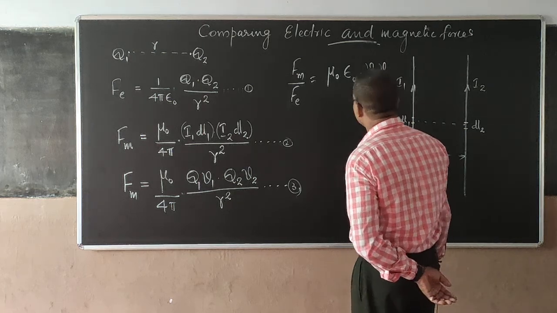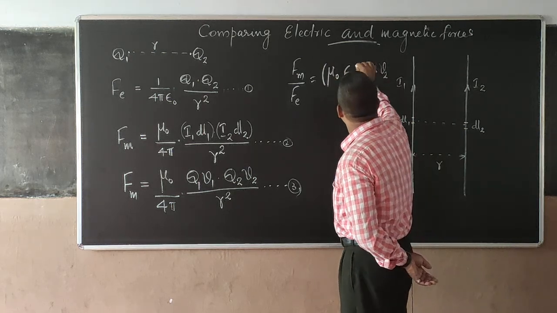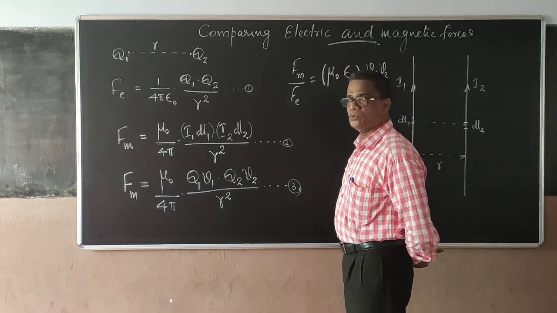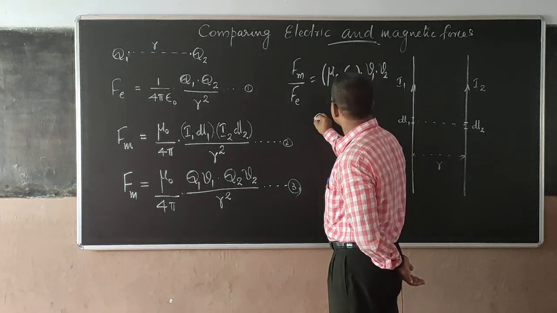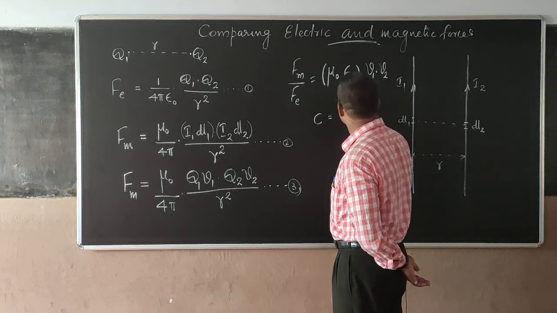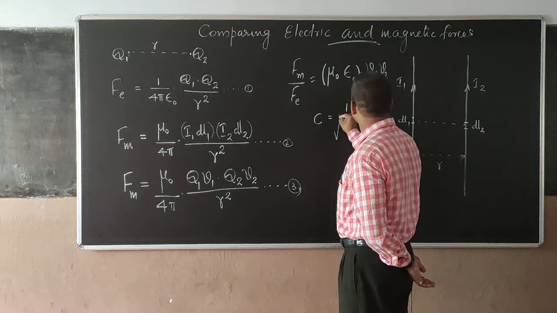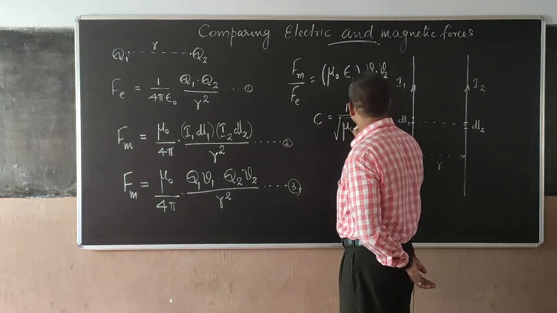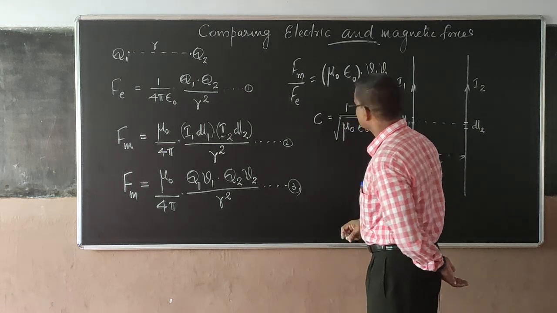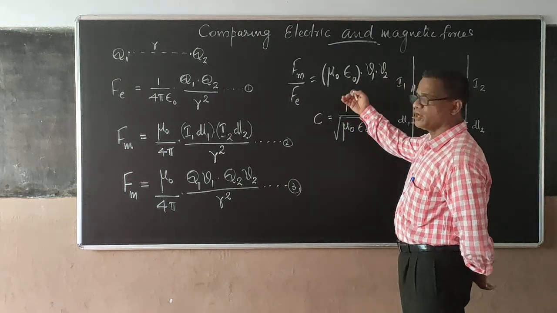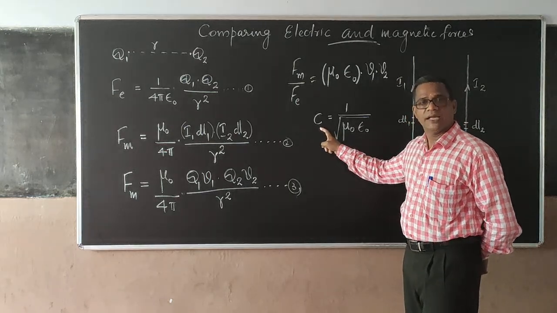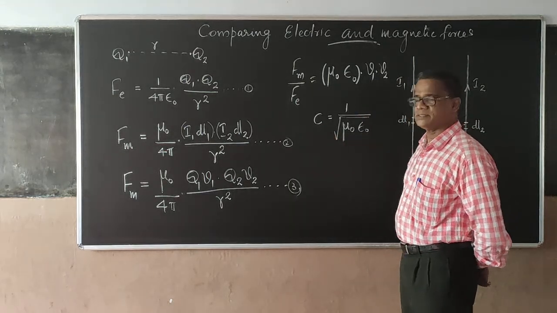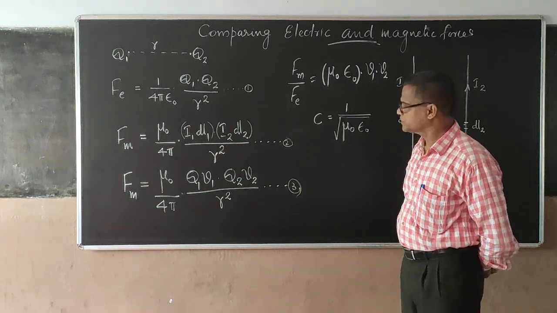Now, mu 0 into epsilon 0: you studied that c, the speed of light, is equal to 1 by root of mu 0 into epsilon 0. The electromagnetic theory of light says that the speed of light in vacuum can be taken like this. It's a proven fact.